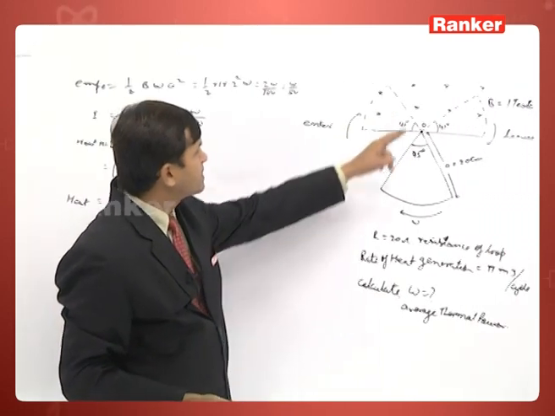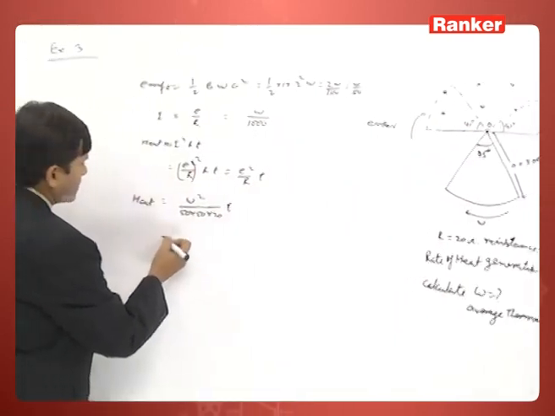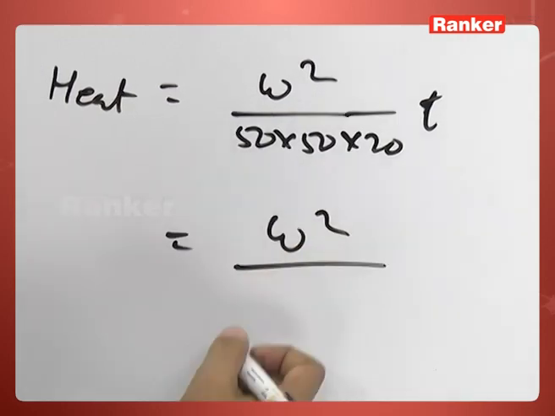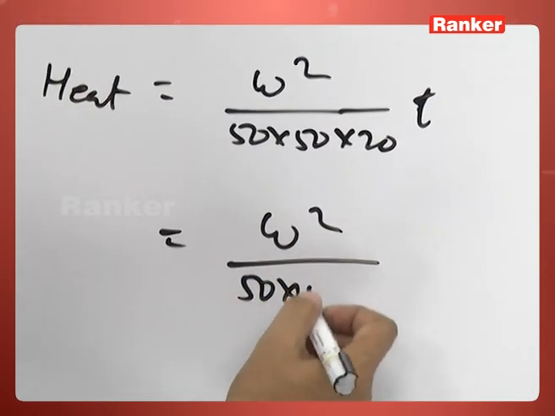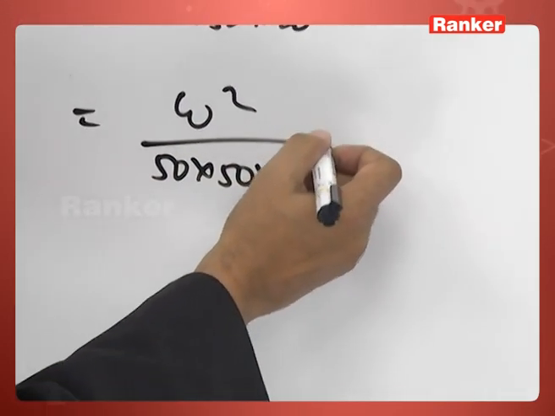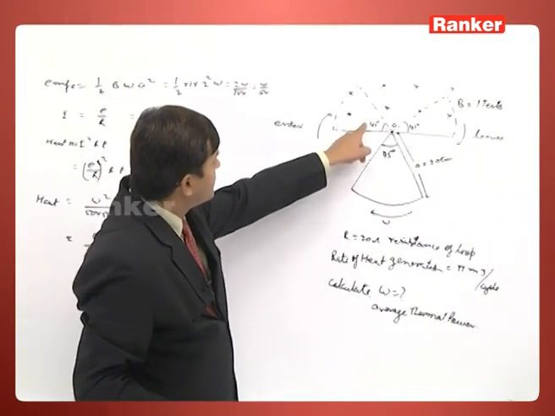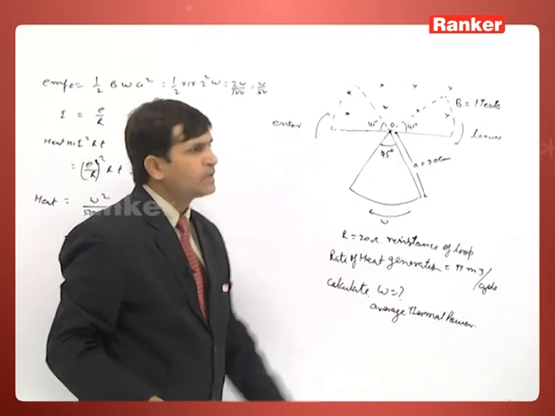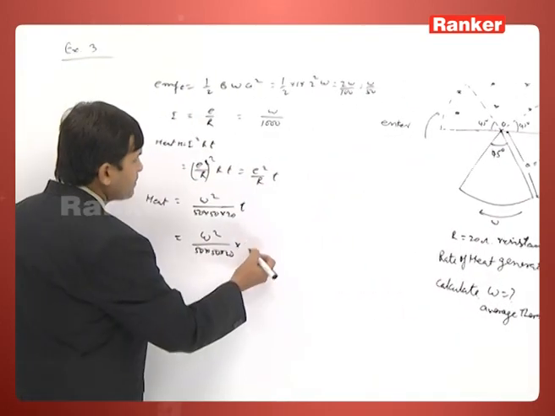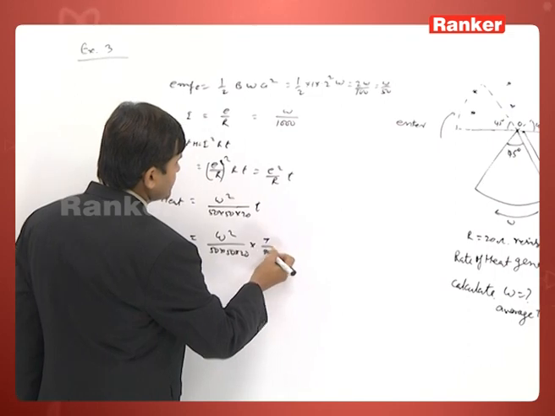So how much time will it take? Omega square by 50 into 50 into 20 is multiplied by the time. The total angle is 45 here and 45 there, so the total angle is 90, which is a time period by 4.